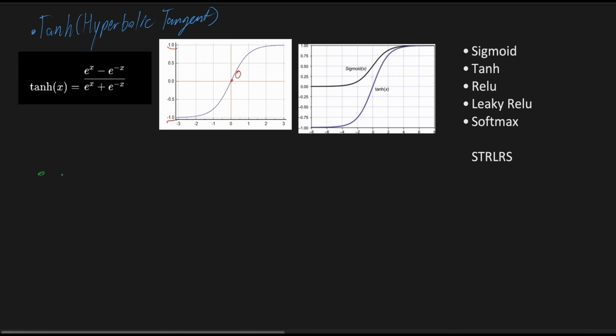So it helps with convergence, reducing the error during training for neural networks.